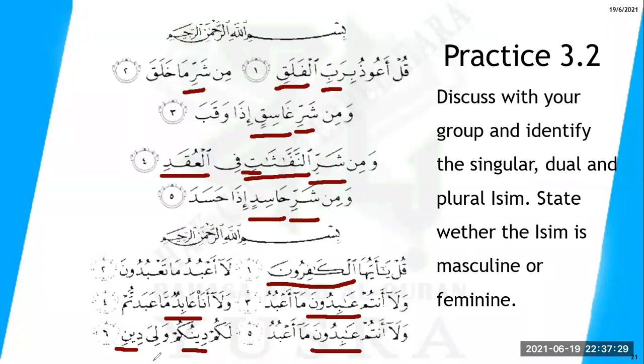Yes, please. Question? I have a question. The ways that we can identify nouns: it's either alif lam, or tanween, fathatain, kasratain, dammatain. Or there's another one, I think the last letter kasra.